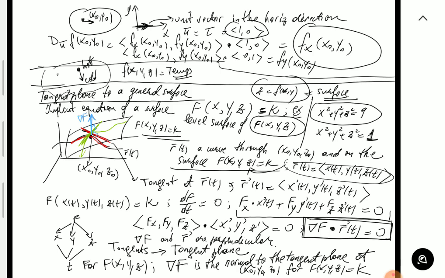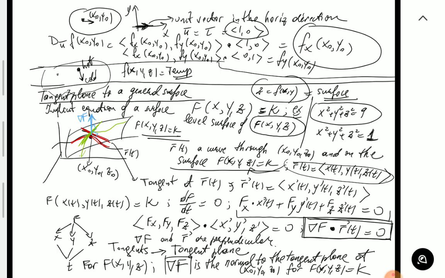So if you have a surface given by f of x, y, z equals k, the normal to the tangent plane at any point on the surface happens to be the gradient of that function of three variables. Why? Because it is perpendicular to any tangent, to any curve that goes to that point on that level surface.